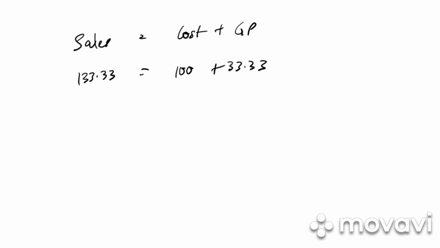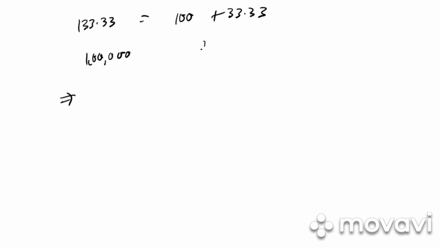So sales will be 133.33. So the total amount of sales is given, that is 1 lakh. How much will be the gross profit? So it is 1 lakh into 33.33 divided by 133.33. We get 25,000.